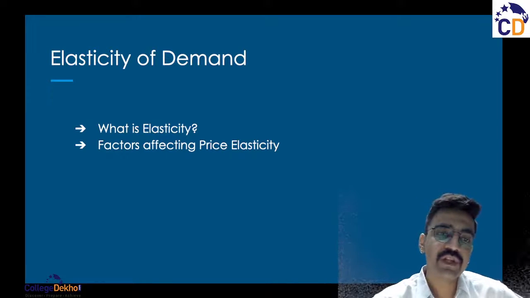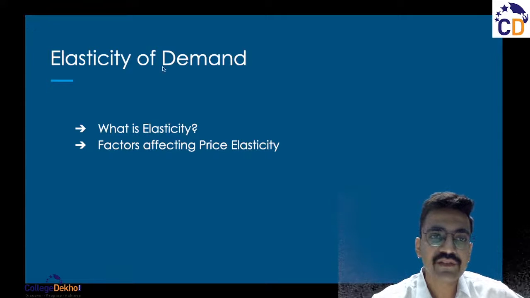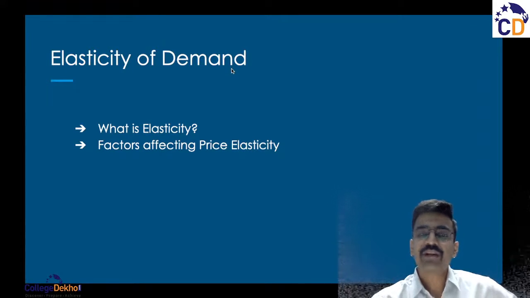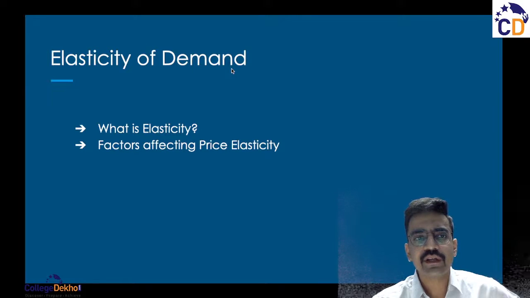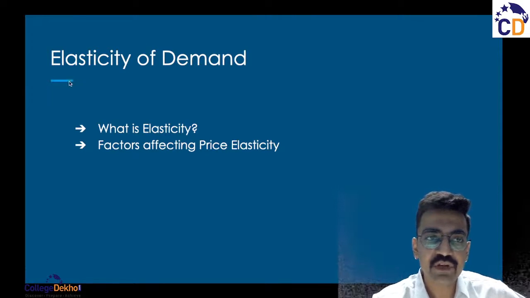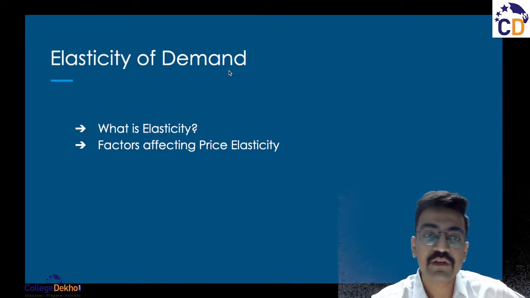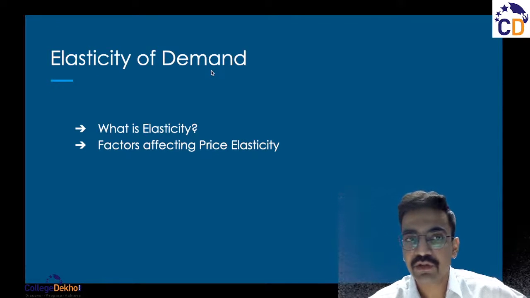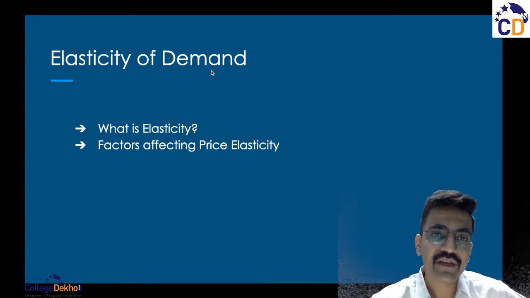Right? So we understood in the beginning of this topic that elasticity of demand is concerned with calculating the demand for a certain commodity. Now, we are looking at the price elasticity of demand, as in the elasticity of demand that is affected by the price of the product. All right, so that is the price elasticity of demand.